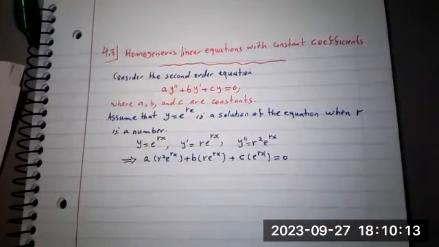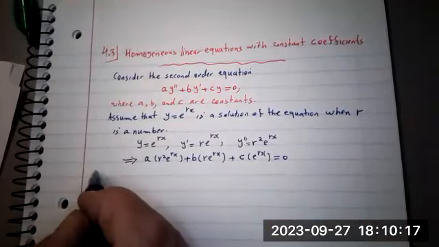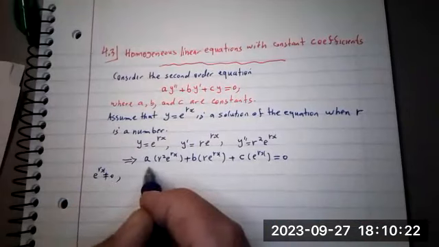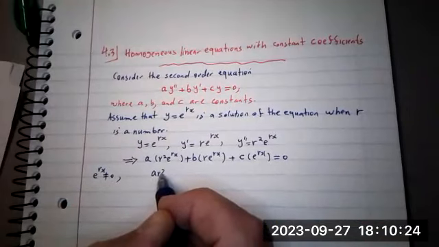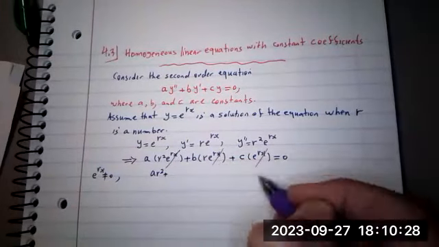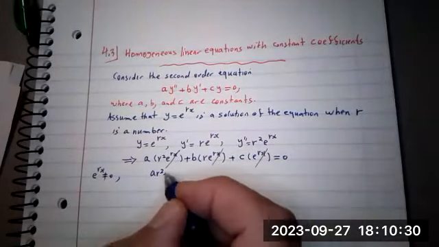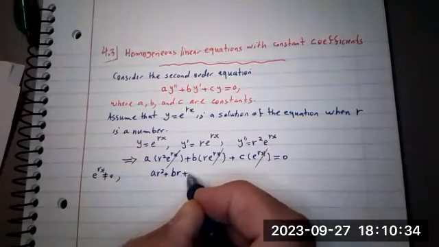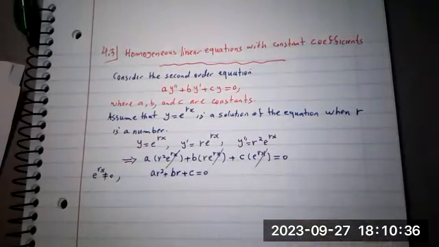Now you know that e to the rx is never 0. So if you divide by e to the rx, that gives you a r squared plus b r plus c equal to 0.